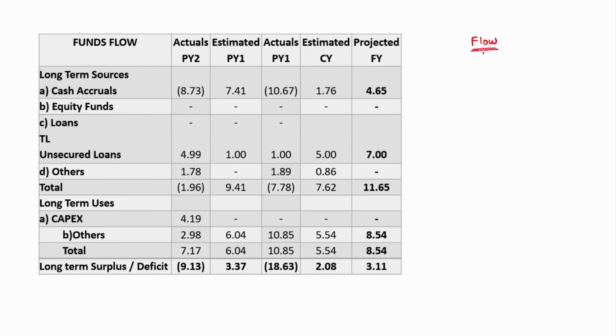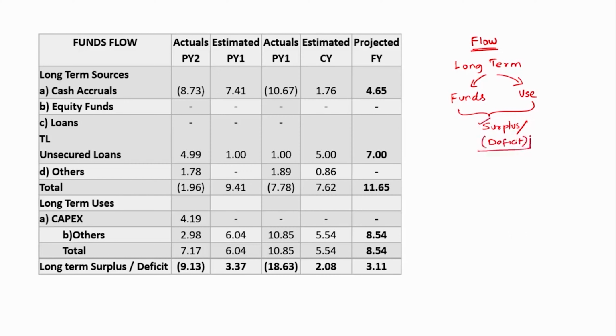When I say flow, they are interested in knowing how much long-term funds have been mobilized into the business, and how much has been used for long-term purposes, whether there is any surplus or deficit.